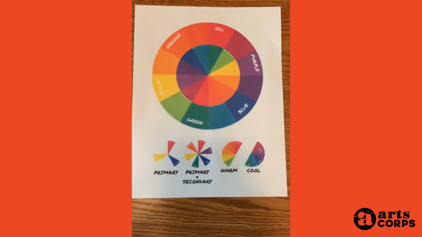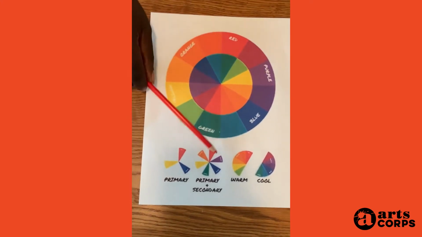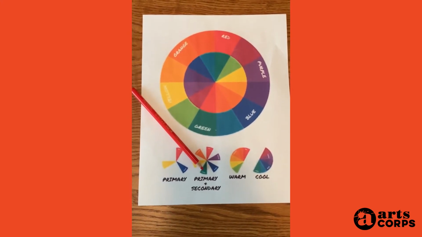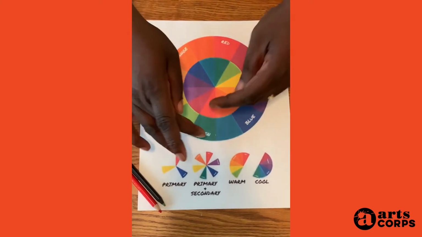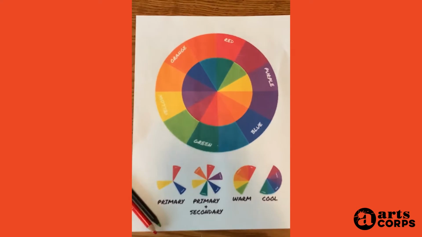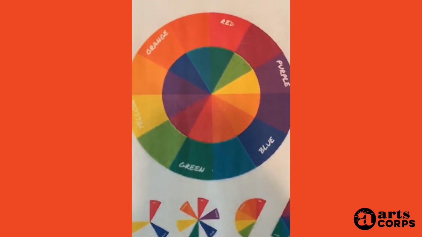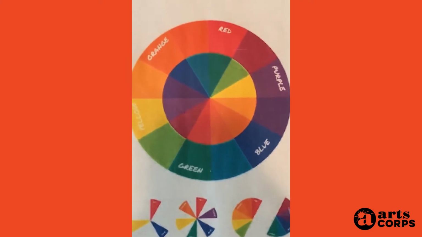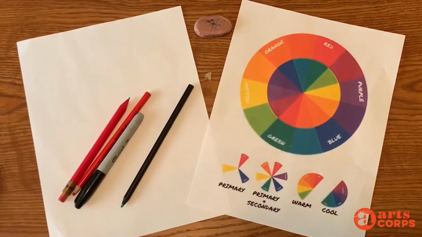So I chose red and green. And as you can see on our color wheel here, these two are complementary colors. So orange and blue would be a complementary color. Purple and yellow.